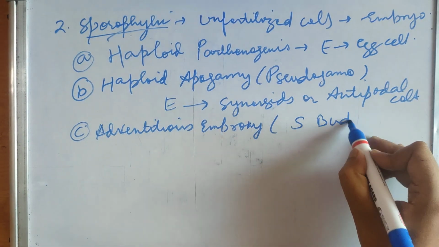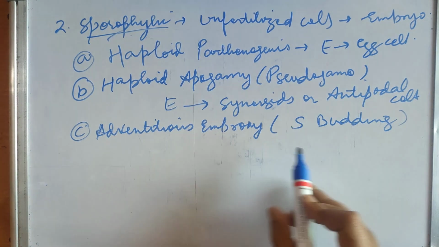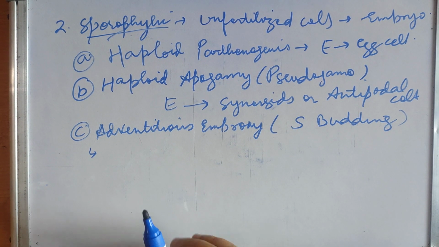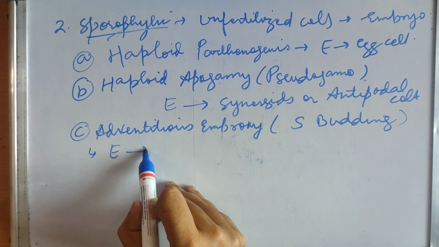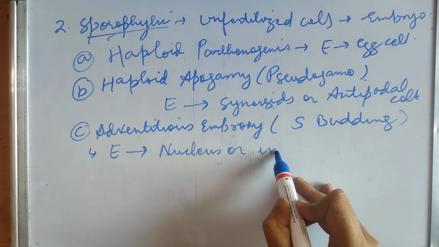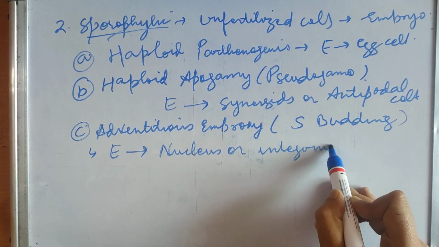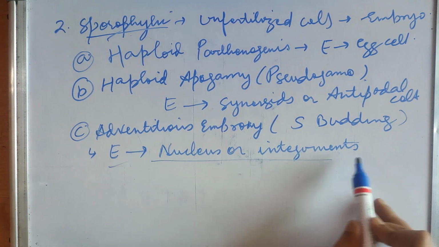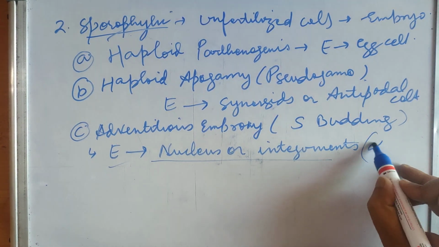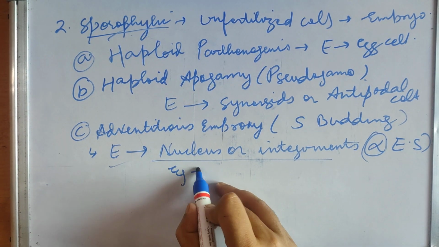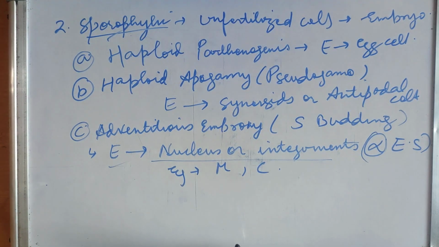Here the embryo is directly developed from the nucellus or integuments. So, as the embryo directly develops from the nucellus and integuments, there is no production of an embryo sac. It can be seen in mango and citrus.